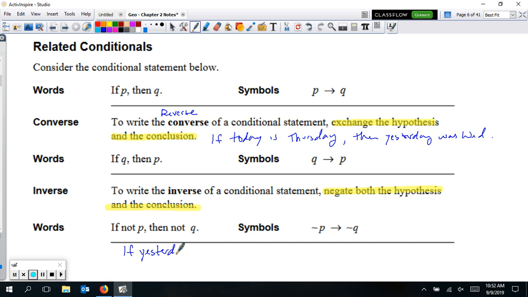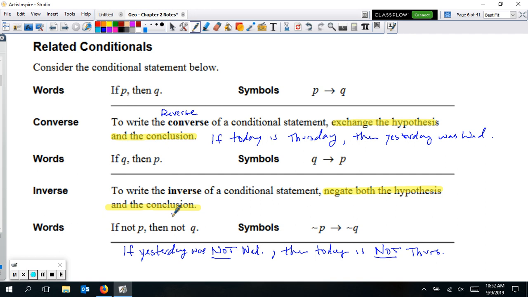So if yesterday was not Wednesday, I'll use abbreviation for Wednesday, comma, then today is not, putting the not word in the conclusion as well, Thursday. So if yesterday was not Wednesday, then today is not Thursday. So you're negating both the hypothesis and the conclusion, and that's called the inverse. Okay? That's what the inverse is called, when you negate both hypothesis and the conclusion.